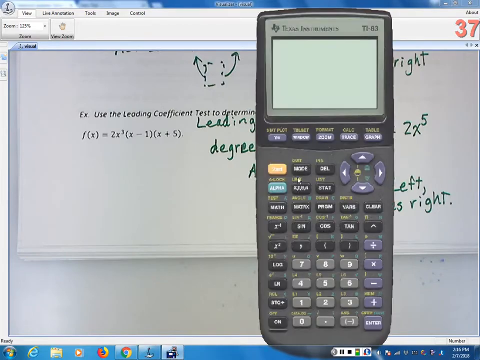The calculator. Okay. Turn it on. Y equals 2x to the third times x minus 1 times x plus 5.